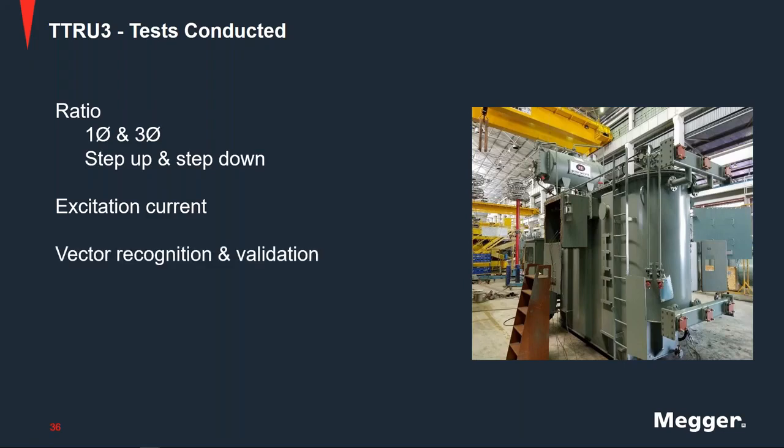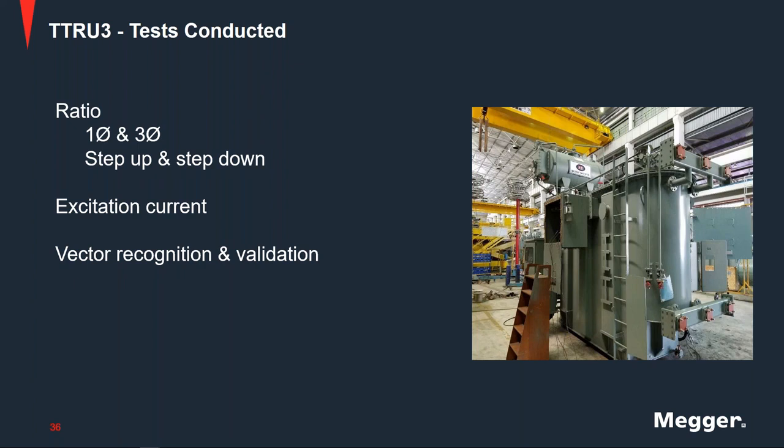Vector recognition and validation. We do have functionality within the TTRU3 where you can say, I have a primary and secondary winding, tell me what phase shift it is. And it will come back and tell you if it's a Dd0 or a Dd6. In addition to that is vector validation.